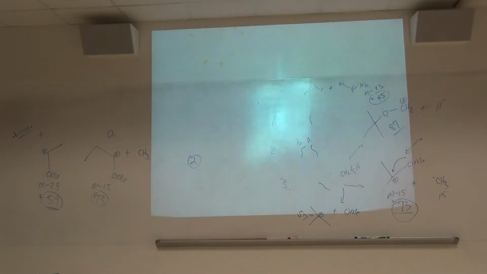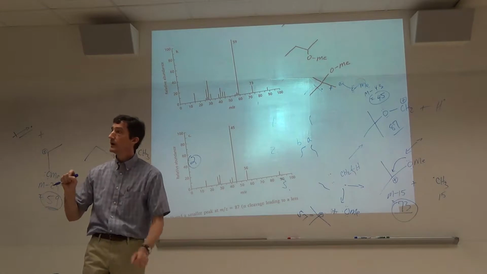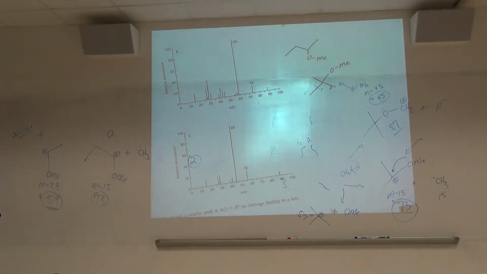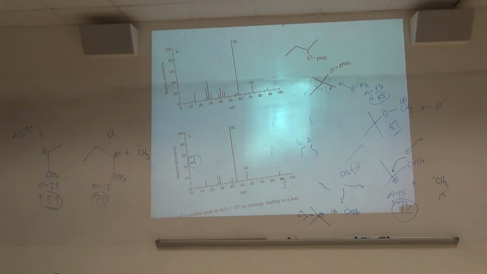Okay, there are others to work in the workbook. Please note in the workbook there are also some combination problems where you get both an IR and a mass spec to determine what compound we're talking about. Let's look at one of those real quick.